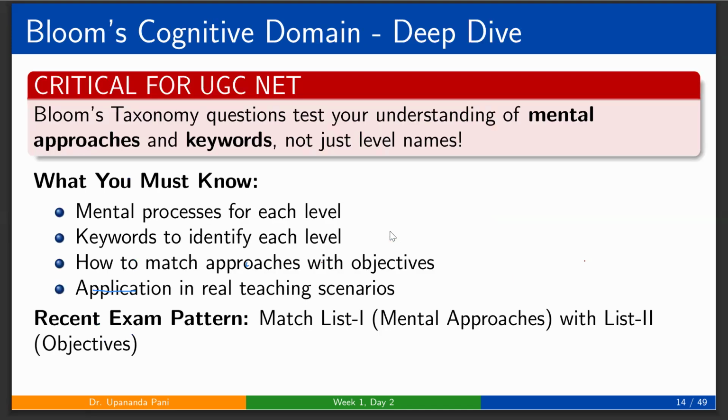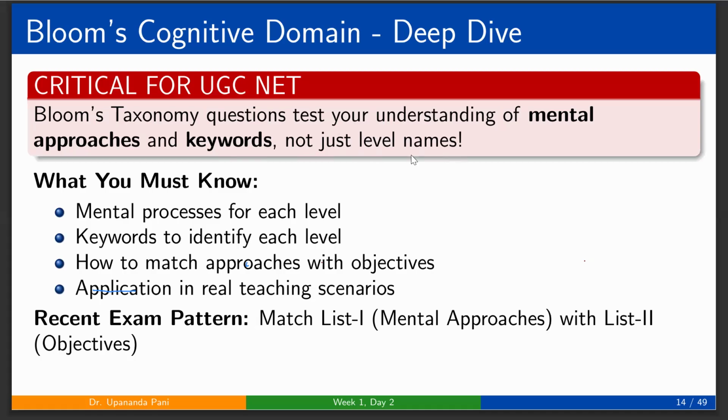Now, what is important here from the UGC NET perspective? Let us first go a little deeper into the issue. In Bloom's cognitive domain, Bloom's taxonomy questions test your understanding of mental approach and keywords, not just label names.